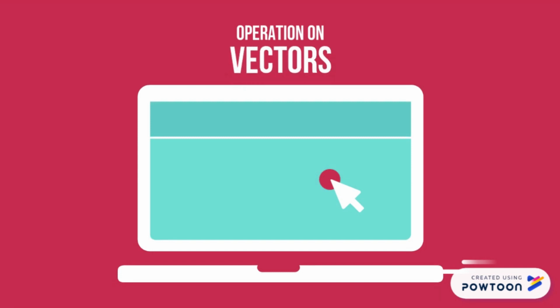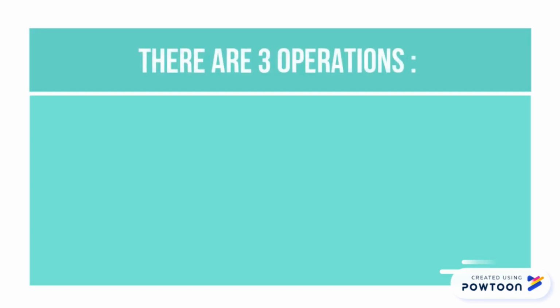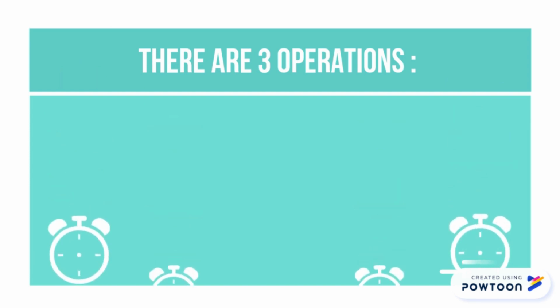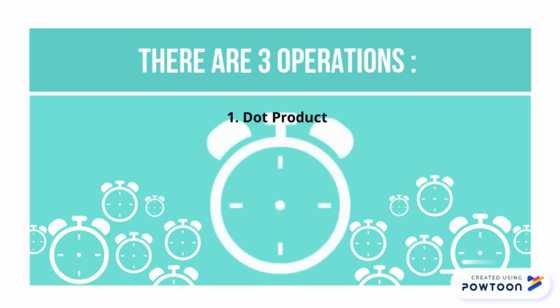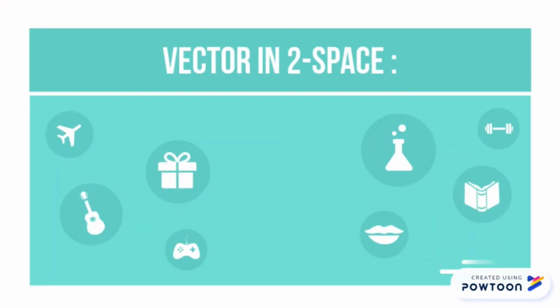Now I will be talking about operation of vector. There are 3 operations in total. The first is dot product, the second is angle between two vectors, and the last is cross product. The following are the formulas for vectors in two space.